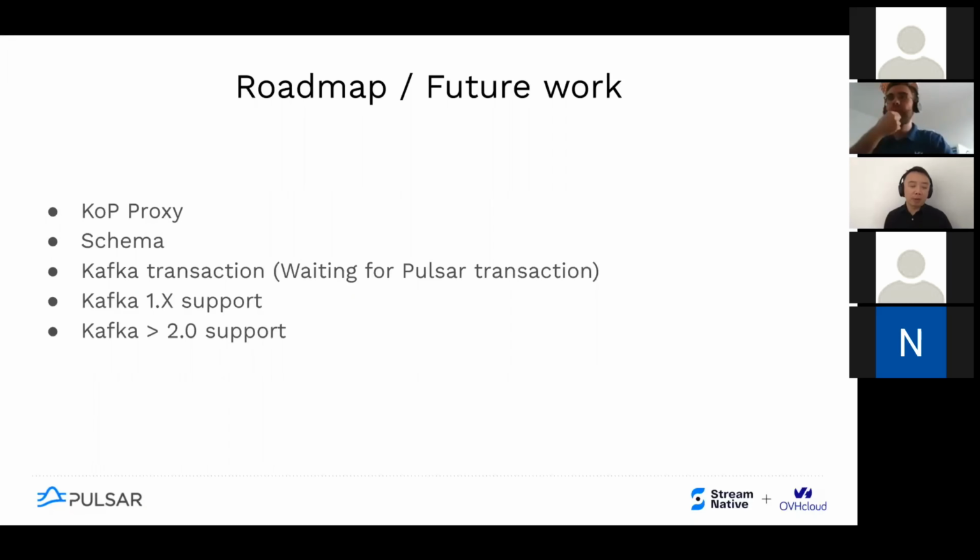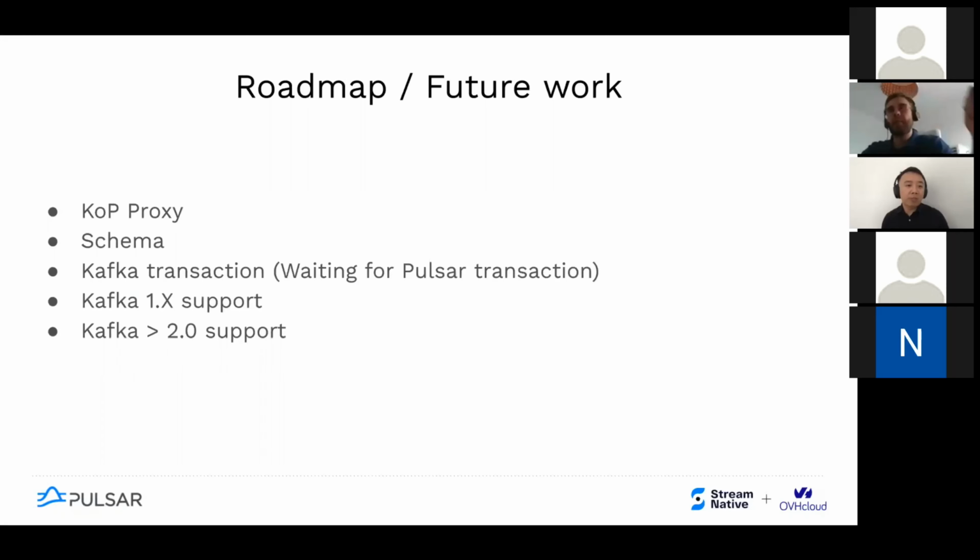KoP is our first effort at trying to make Pulsar a very generic event stream storage that can be leveraged for building different messaging protocols. We already have a bunch of users that are using Pulsar in production, and they're migrating some of their existing Kafka workload to KoP to enjoy the whole functionality provided by the Pulsar ecosystem.